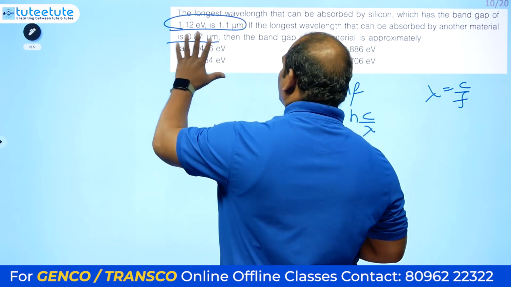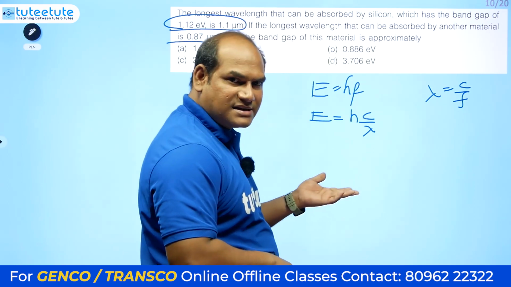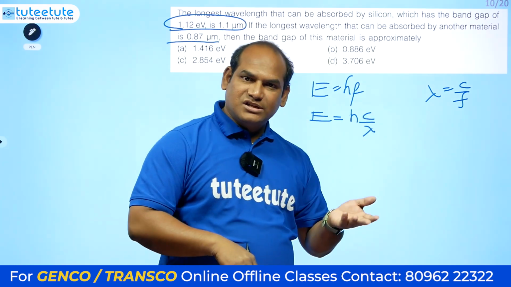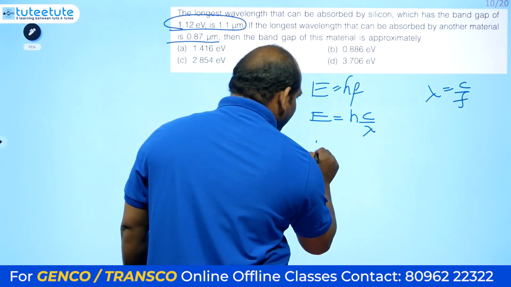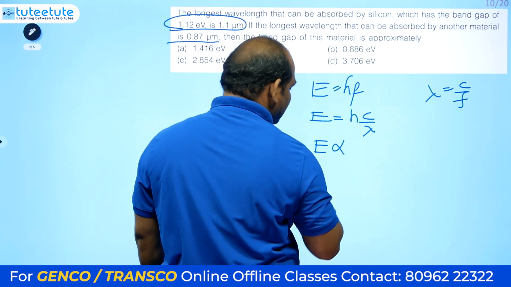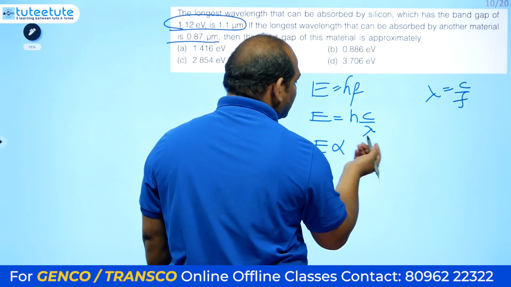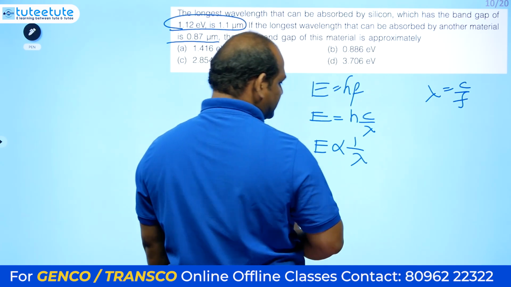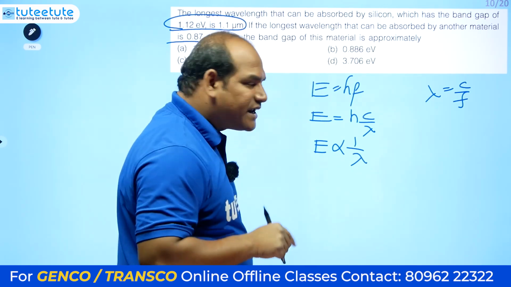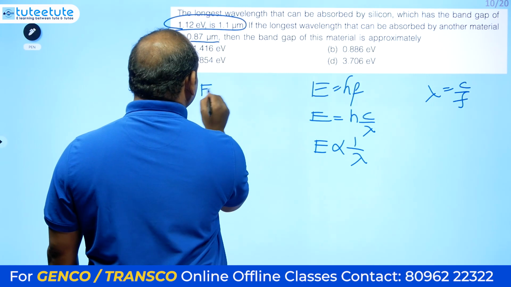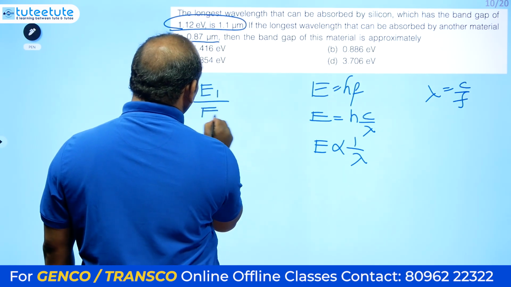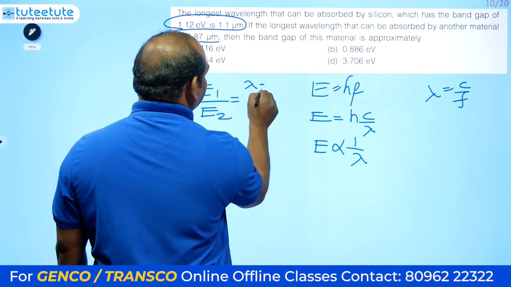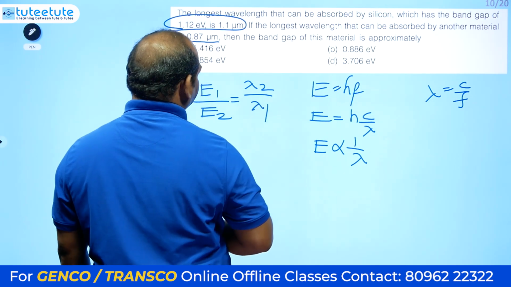Here h is Planck's constant and c is the light velocity, both constants only. So the energy band gap is inversely proportional to wavelength. Because we are dealing with two energies, I can take the formula like this: E1 by E2 is equal to lambda 2 by lambda 1.